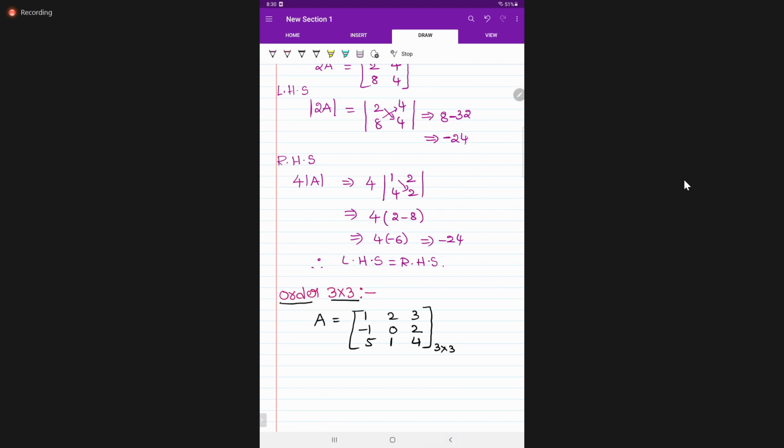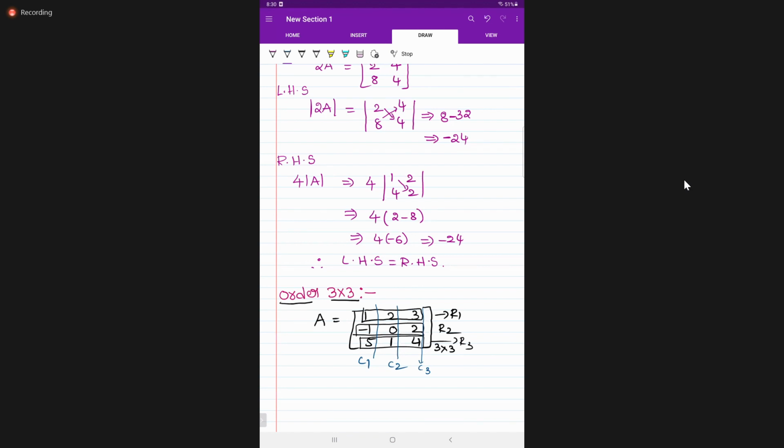So we can expand with the first row, or second row, or third row, or first column, or second column, or third column. Here I can expand 6 ways.